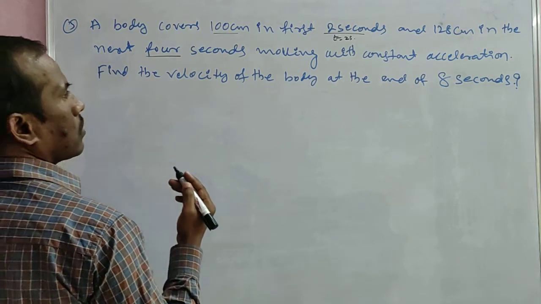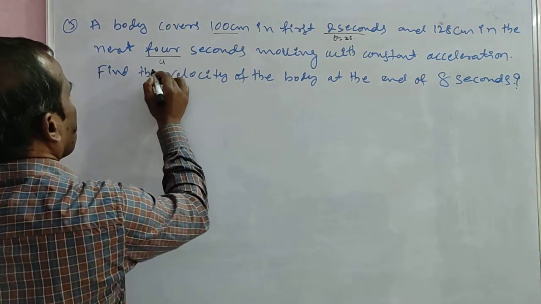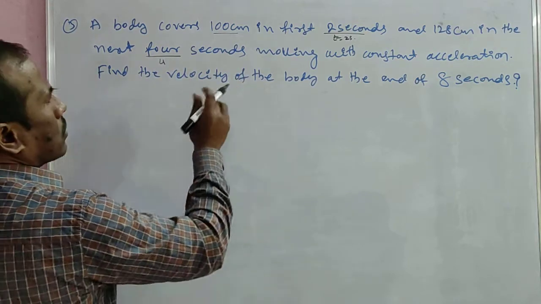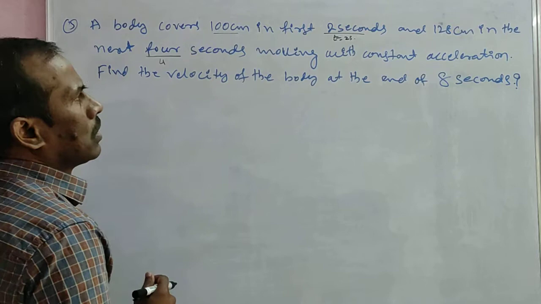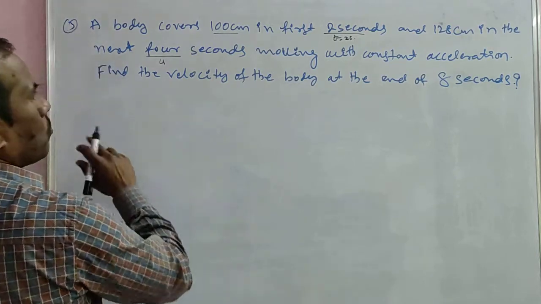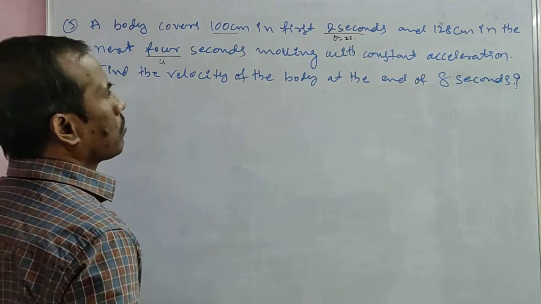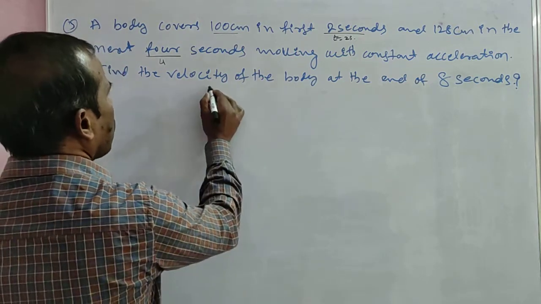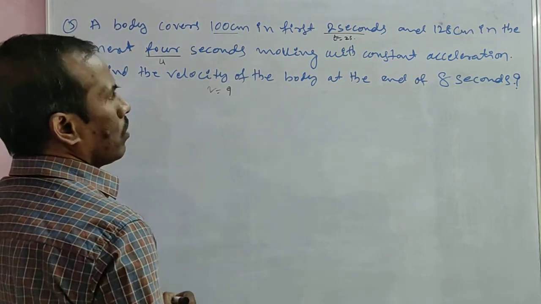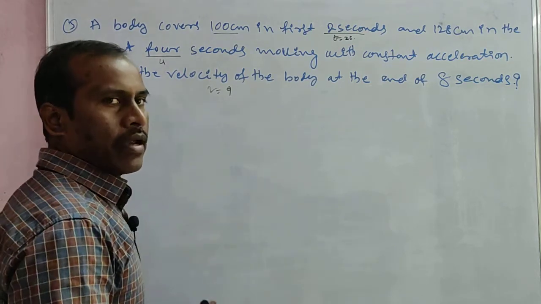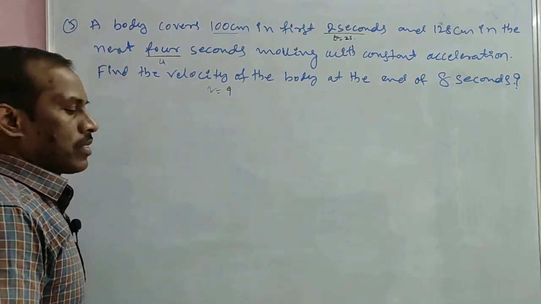The total is 6 seconds, 4 plus 2 seconds, moving with constant acceleration. Find the velocity of the body at the end of 8 seconds.